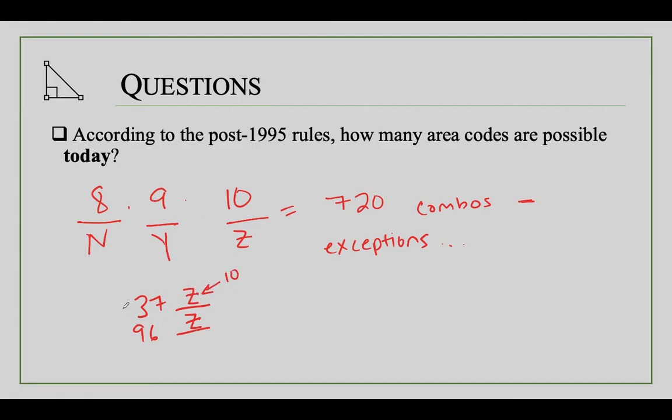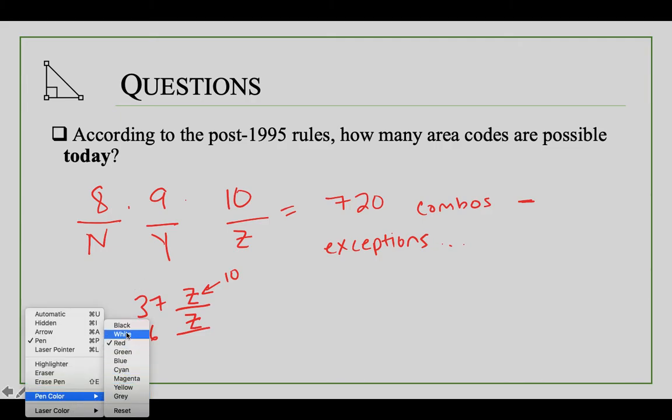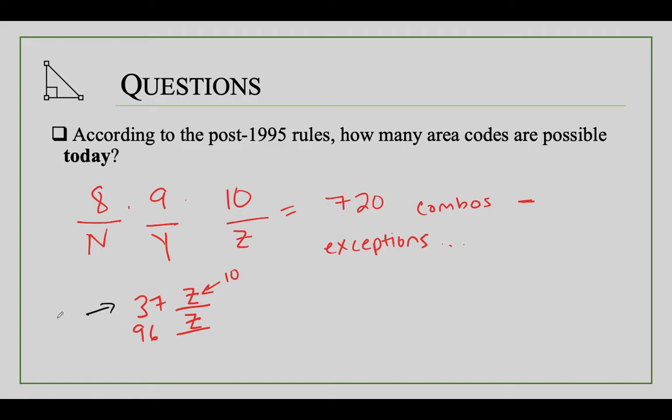Okay, so there's 10 possibilities to have this exception, the 37Z, or 10 options. And then there's another 10 possibilities for this outcome.